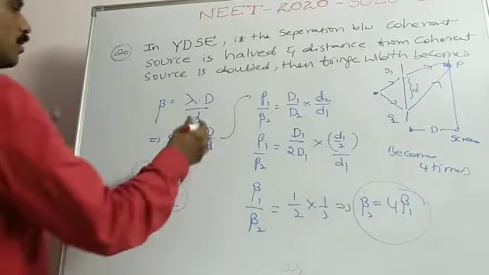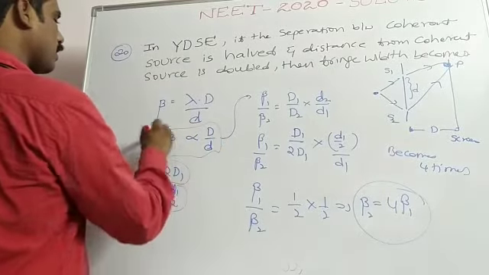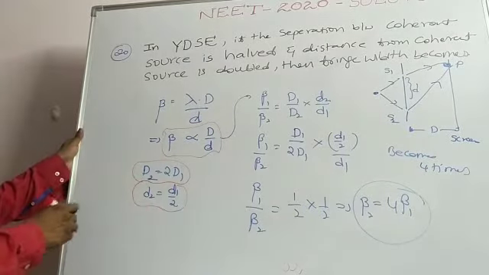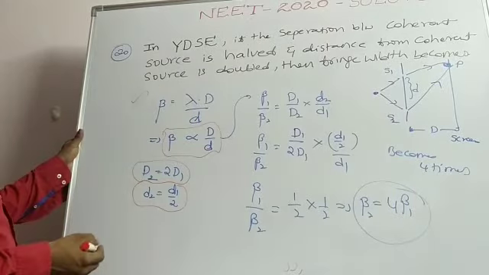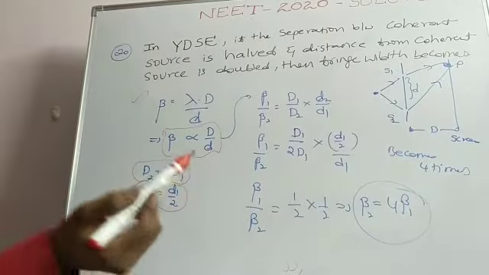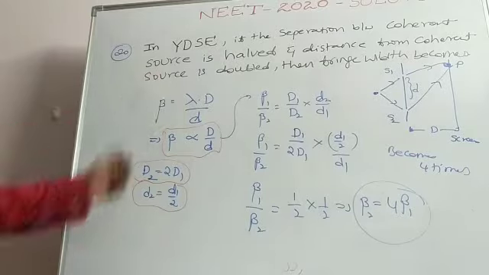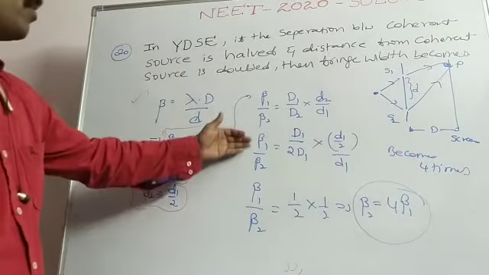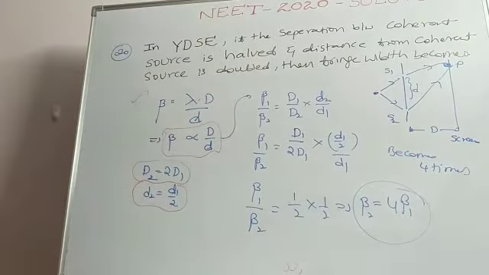So we develop the relation beta is proportional to capital D by small d. We know the fringe width expression is lambda capital D by small d, for one fringe n equal to 1. Now beta 1 by beta 2 is equal to D1 d2 by D2 d1. By substituting, we get beta 2 is equal to 4 beta 1.